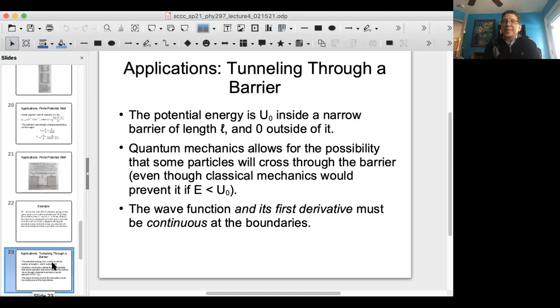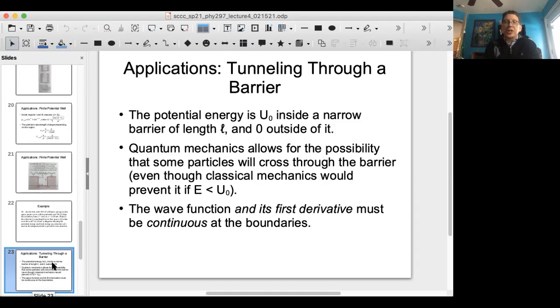Classical mechanics says that a particle can't cross through the barrier if its total energy is less than the potential energy of that barrier. But in quantum mechanics, it is allowed.